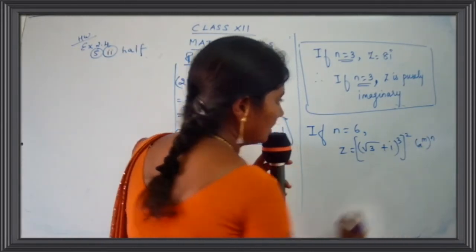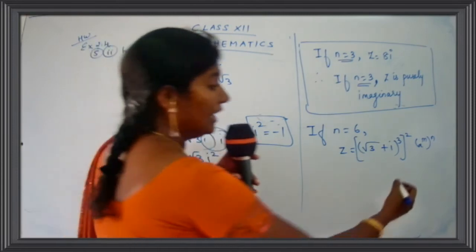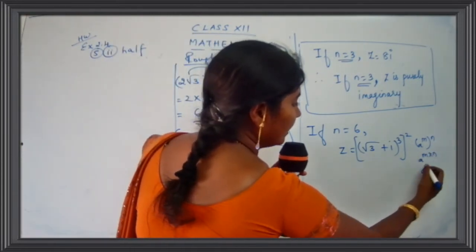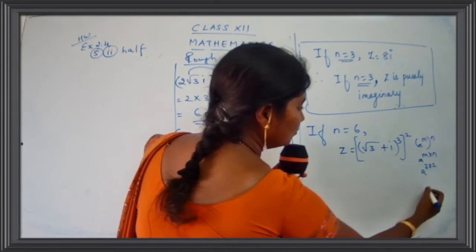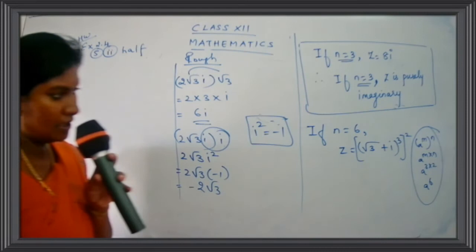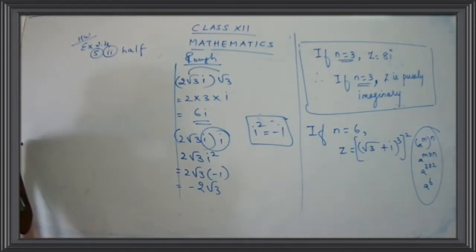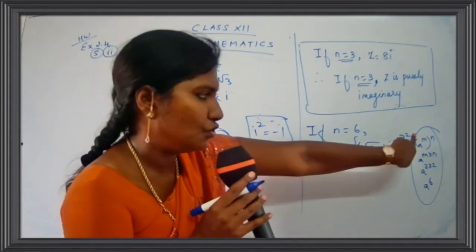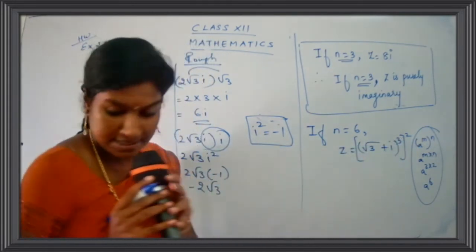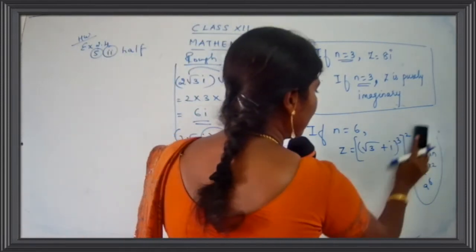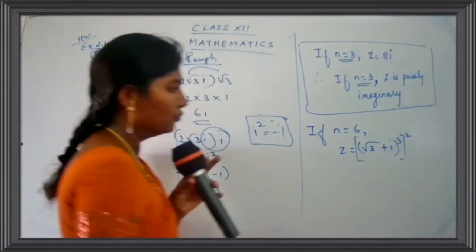What is the law, children? a raised to m into n. So a raised to 3 into 2 is a raised to 6. So we are breaking 6 as 3 into 2. Write down z is equal to root 3 plus i, the whole cube, the whole square.